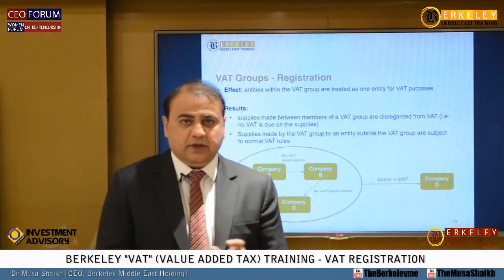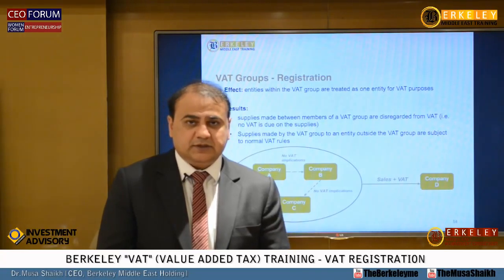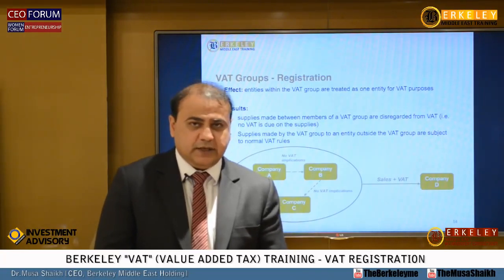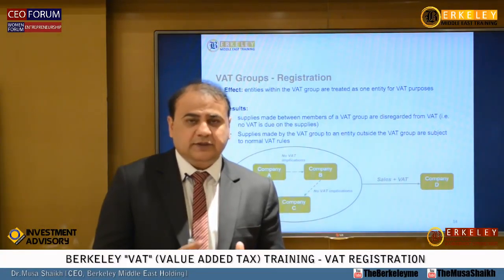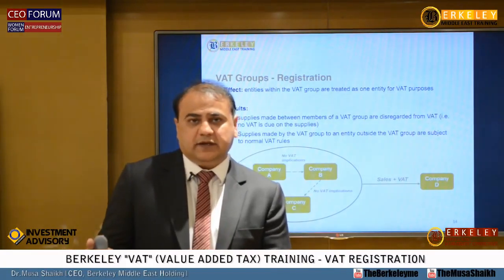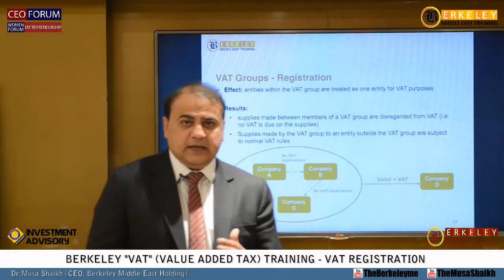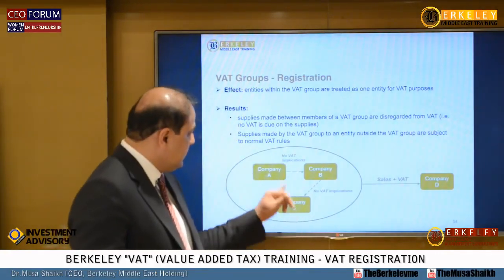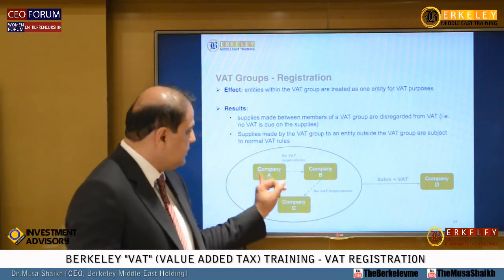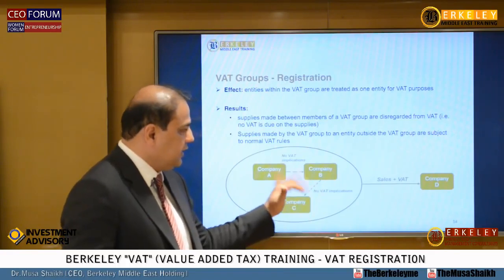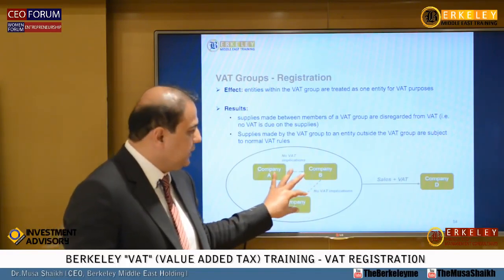And what will be the result of that? Supplies made between the related party companies will be disregarded. But if this VAT group is dealing with any party outside, of course that will be part of the calculations. That has been shown in this diagram: if you are a group, companies A, B and C, dealing with each other, there are no implications.